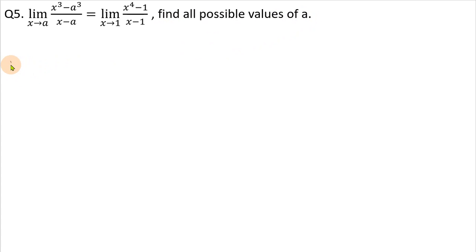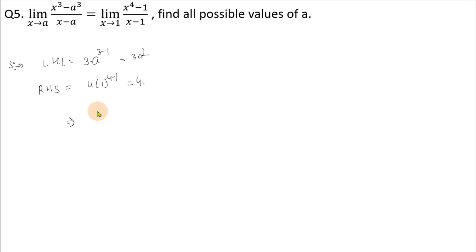So again we are going to apply the same formula on both the sides. It is in the standard form. So here we write on the left hand side equals to 3 into a power 3 minus 1, that is 3a square, and the right hand side, after applying the limits formula, we get 4 into 1 power 4 minus 1, which is 4 into 1.